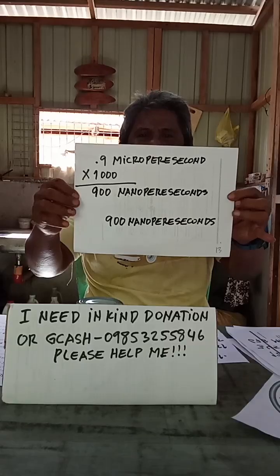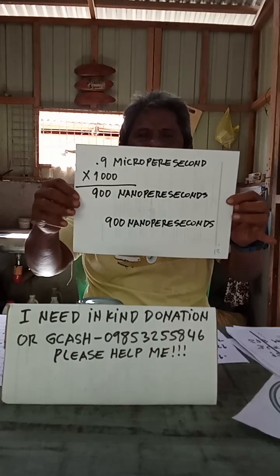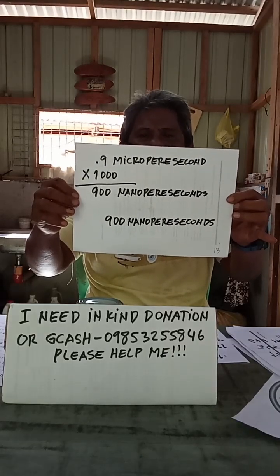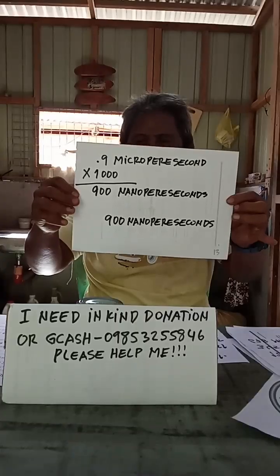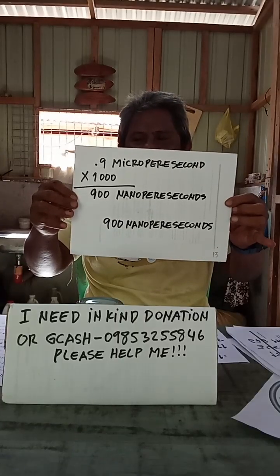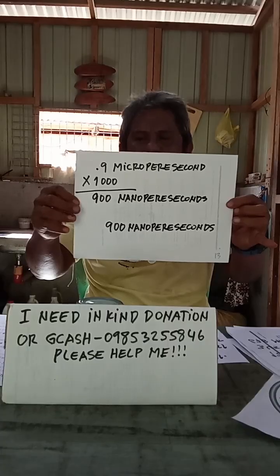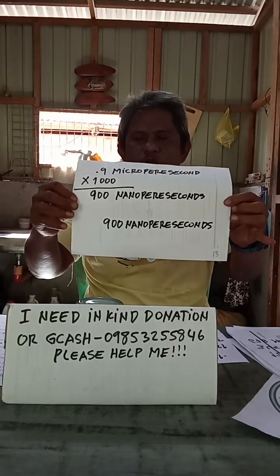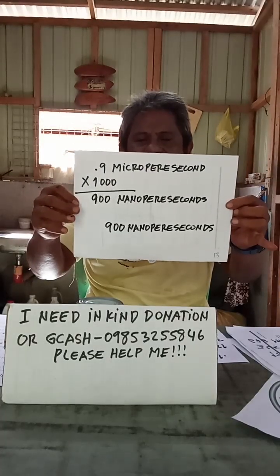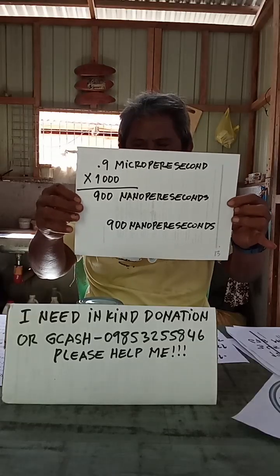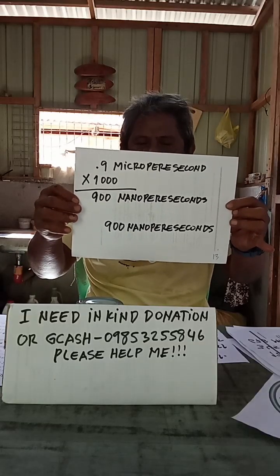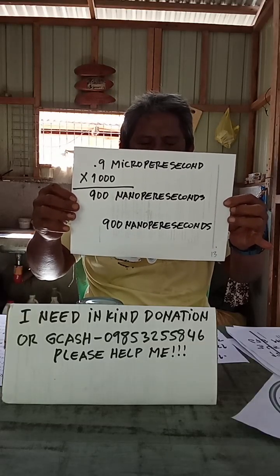Again, 1 micro per second is 1,000 nano per second. So, multiply the decimal micro per second by 1,000, or move 3 decimal places to the right, and the product is 900 nano per second.